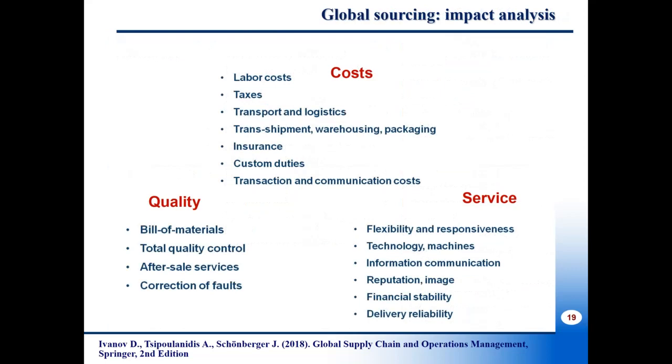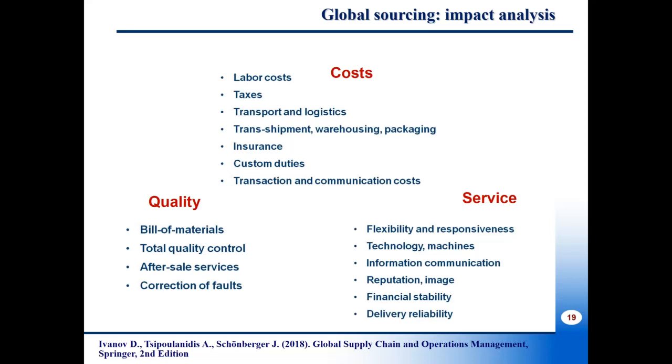In conclusion, there are three categories of decision variables when deciding on global sourcing: cost, quality, and service. Cost, for instance, can be divided into labor cost, taxes, transport and logistics, transshipment, warehousing and packaging cost, insurance cost, custom duties, and transaction and communication cost.